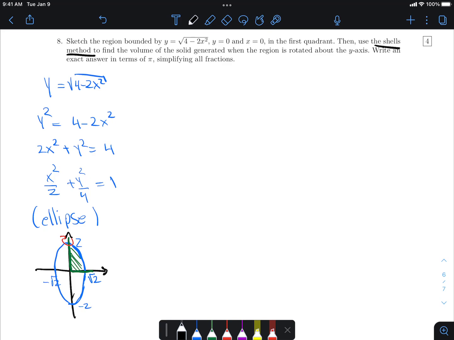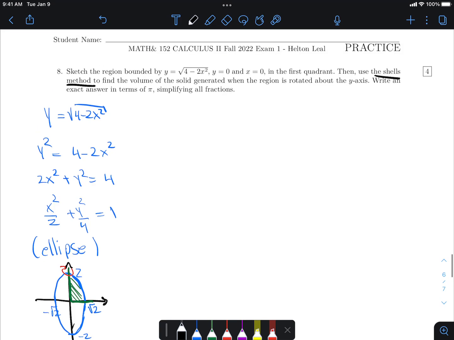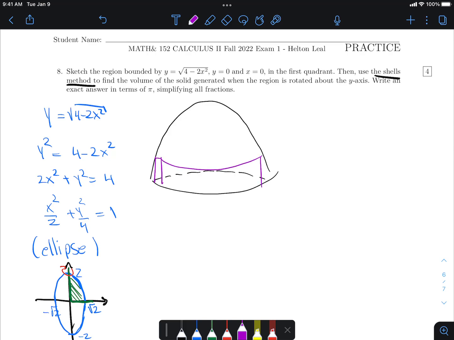What is going on with the shells method, right? Remember what we're doing. We're looking at the solid. The solid that we get is something that looks like this, once the rotation happens, we're rotating this around like that. And we're splitting this into separate shells. Like there's this shell right there that goes around. That's one volume. And then there's this higher shell.